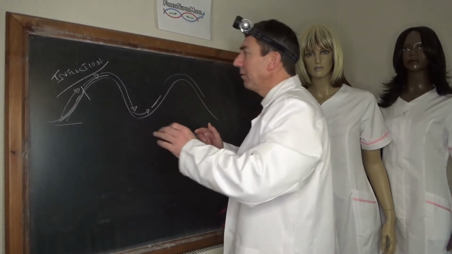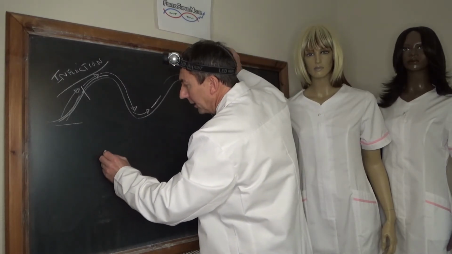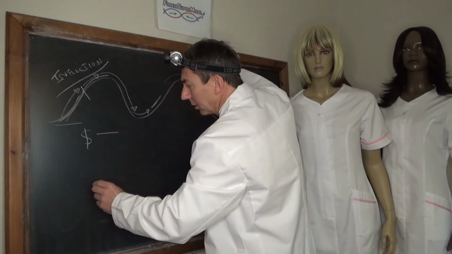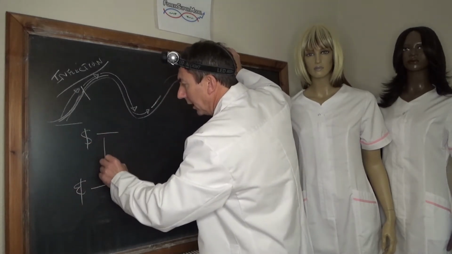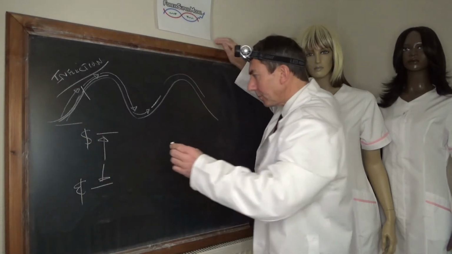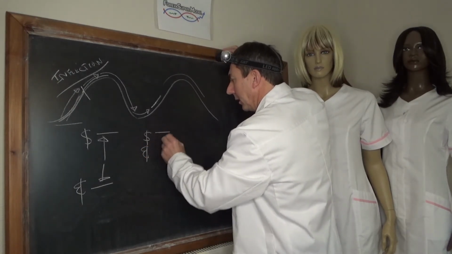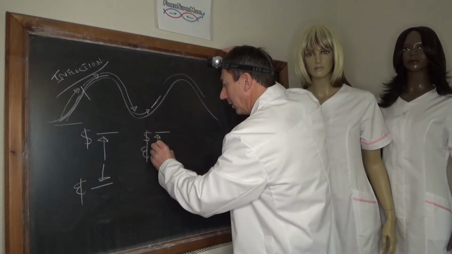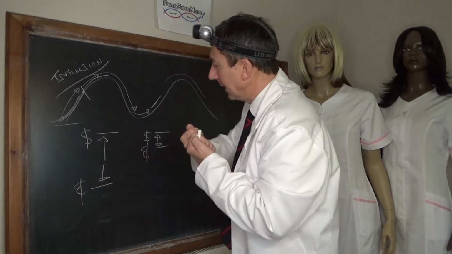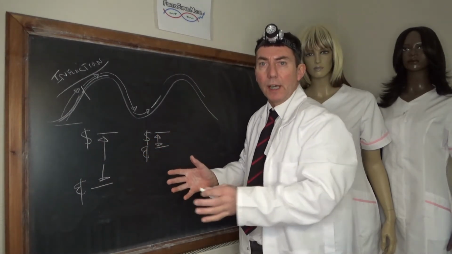And then from there, if you can get a handle on extension and compression, so if that's the dollar complex and that's the euro complex, and they're fully extended, or this is the dollar complex, and they're rammed right up against each other and compressed, then you can relate it to the FX pairs.